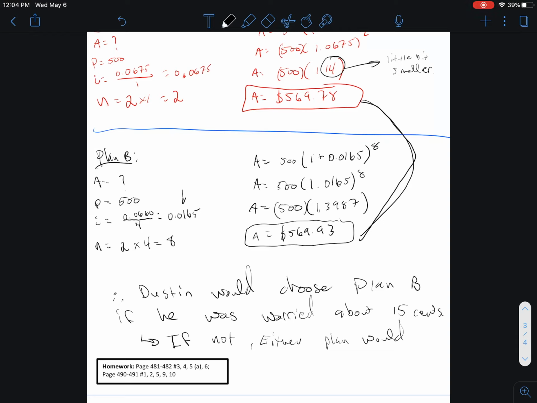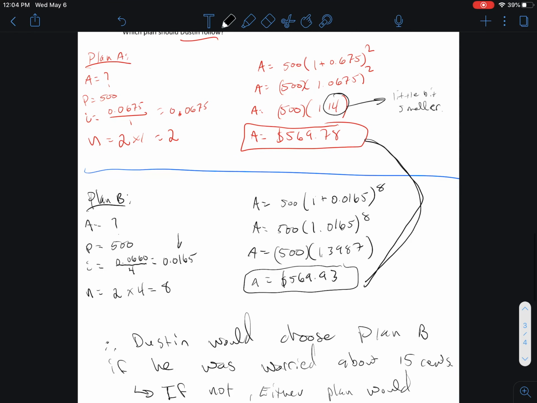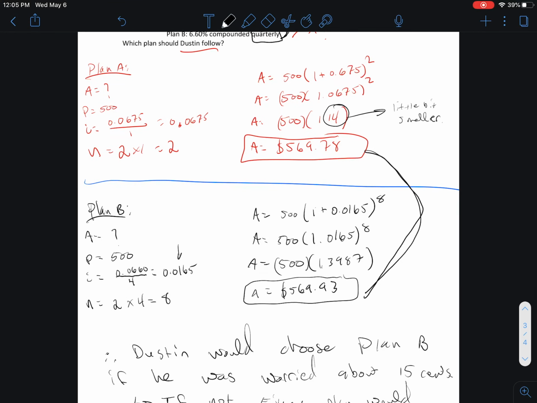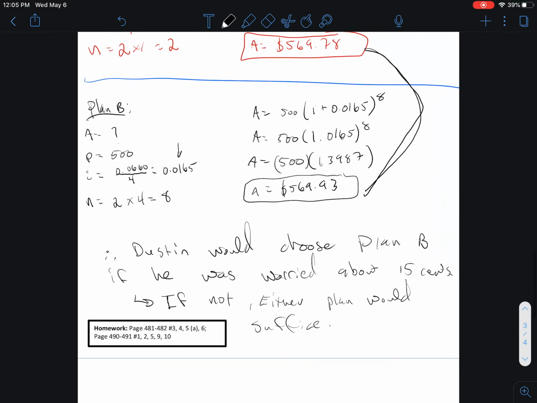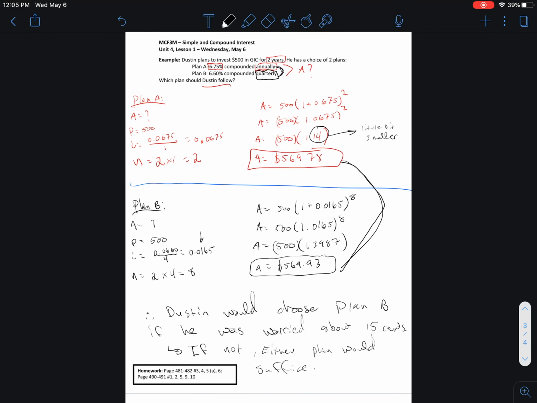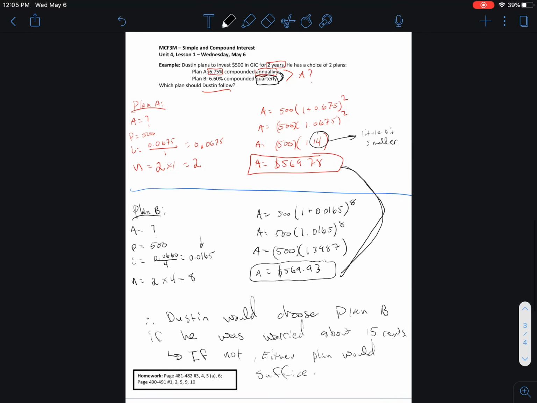If not, it wouldn't really matter. If not, either plan would suffice. Okay. So hopefully in some of the other questions you will see bigger differences between each of them. Okay. But that's basically it. That's compound interest, right? And the way that it works.